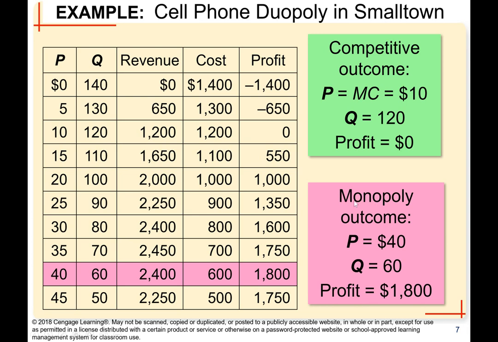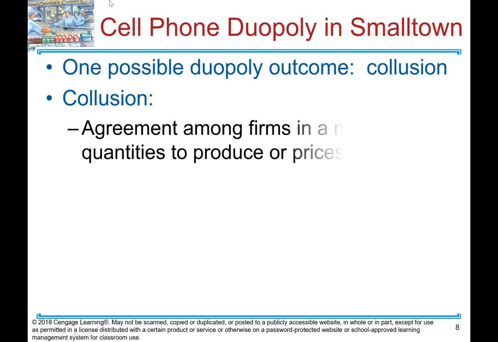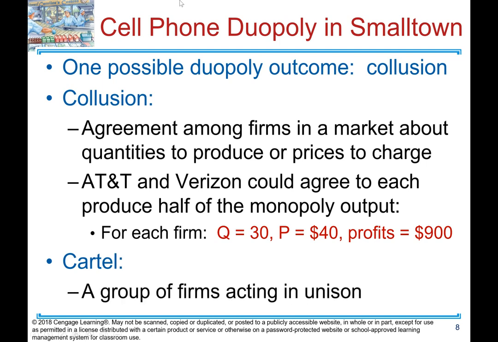In the case of a monopoly, the price charged would be $40, output would be 60, and profit would be $1,800. Those are the two extreme market models: zero profit under competition, and a profit of $1,800 under monopoly. One possible duopoly outcome would be collusion, an agreement among firms in a market about quantities to produce or price to charge.